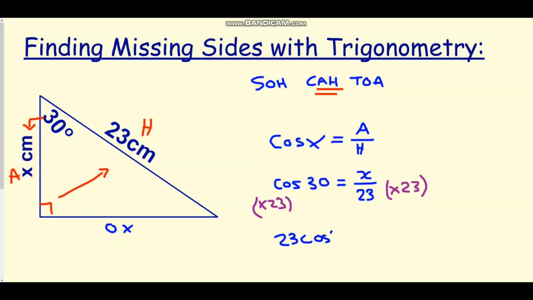Remember, cos 30 can just be thought of as a number, so we're multiplying that number by 23 to get what x is. Put that in your calculator, and x is equal to 19.92 centimeters.